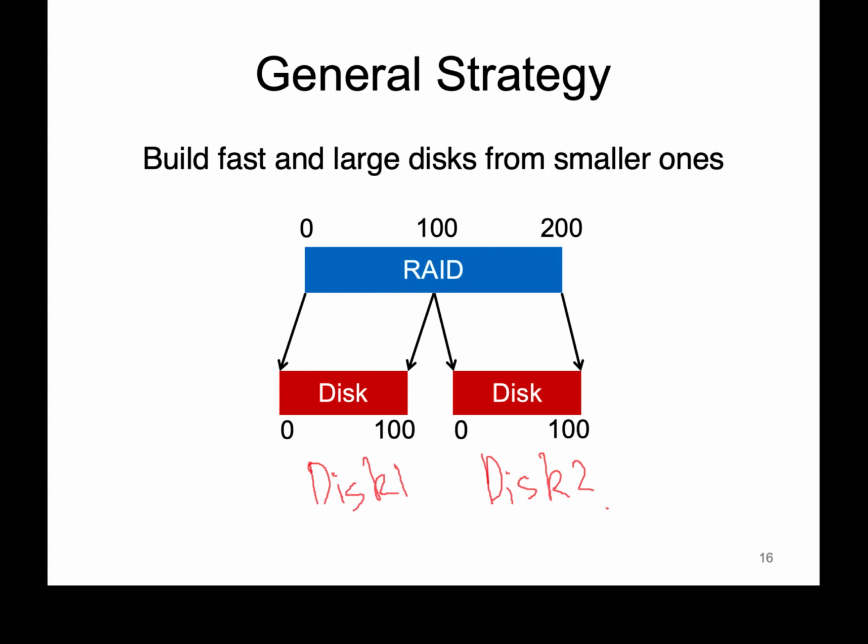On top of these two disks, we build a logical software layer which combines them together and exposes a unified, larger address space, ranging from address 0 all the way to address 200 to the applications. This strategy is called striping, which will be talked about in the next couple of slides.